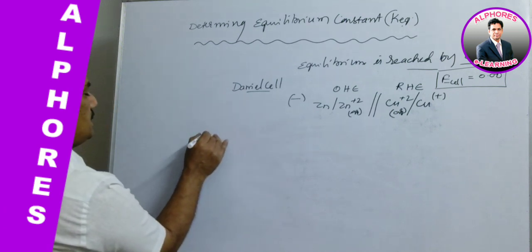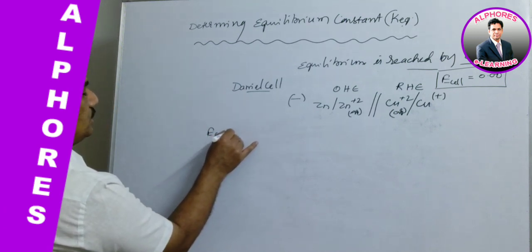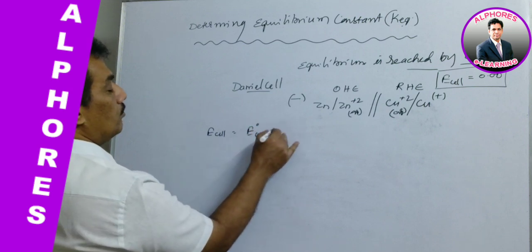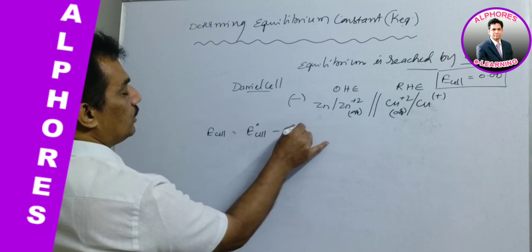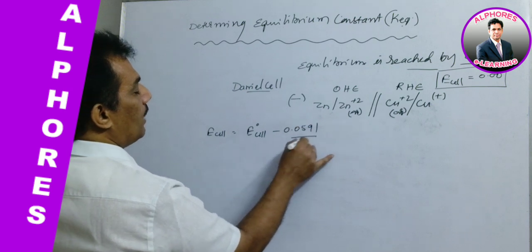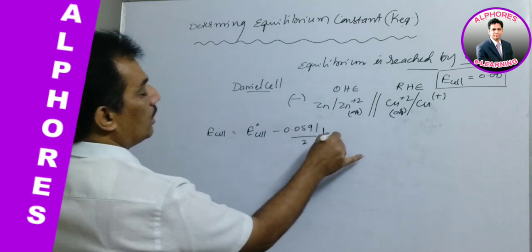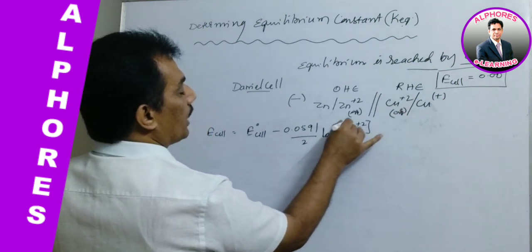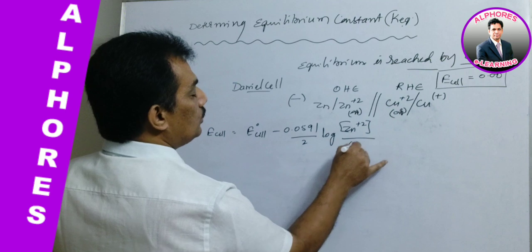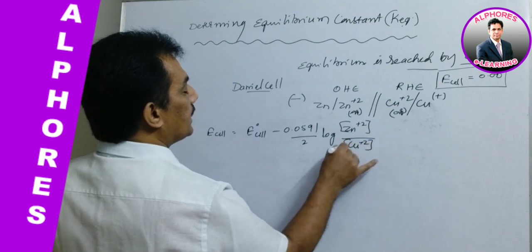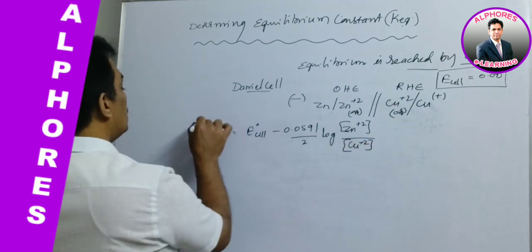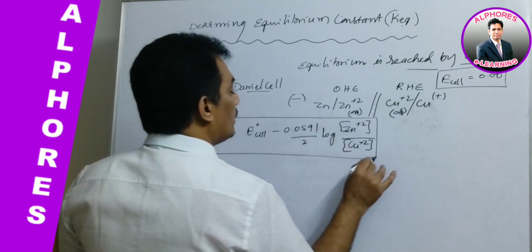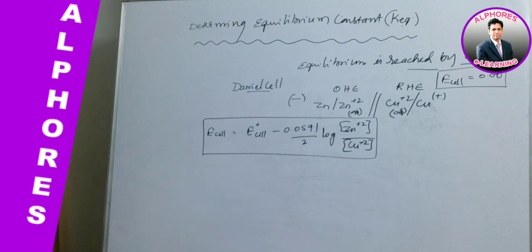Here E cell is equal to E naught cell minus 0.0591 by 2 log, anode Zn+2 is the product, cathode Cu+2 is the reactant. So this is E cell from the Nernst equation for the Daniell cell.